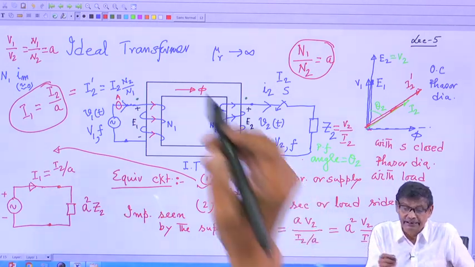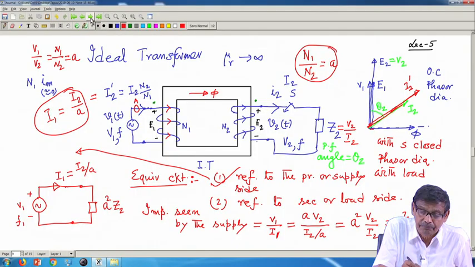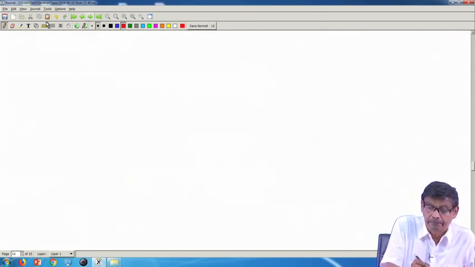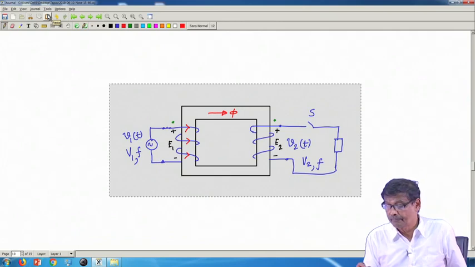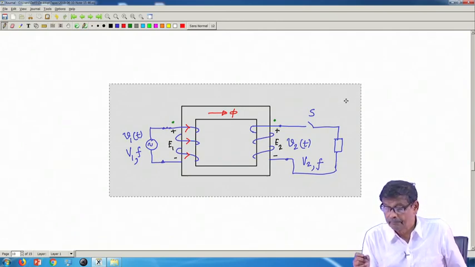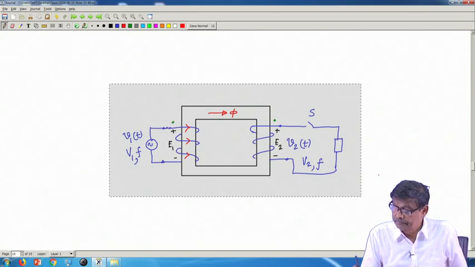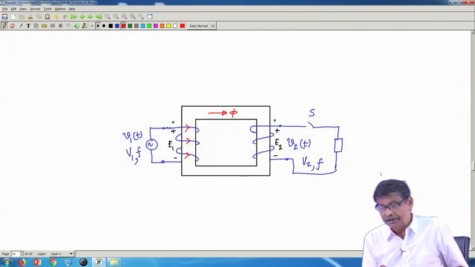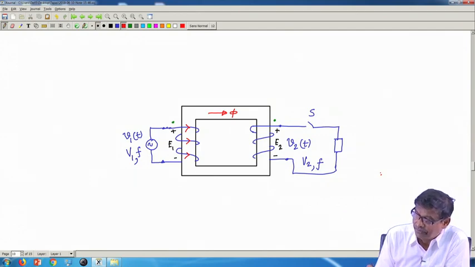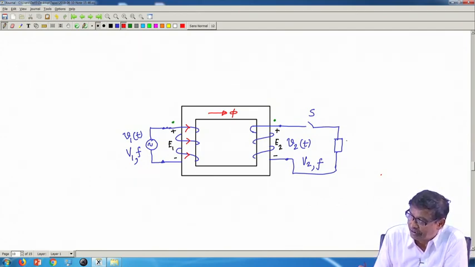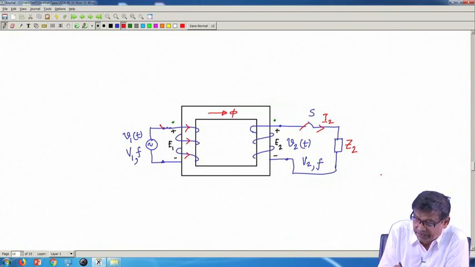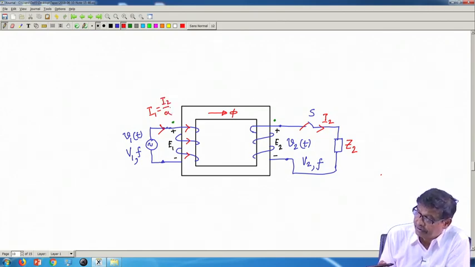Therefore, in the next page, I will now tell you what is the equivalent circuit referred to the load side. So, this was Z2, this switch is closed, this is I2, and recall this current I1 is equal to I2 by A, this we have done right now, and this is the situation.